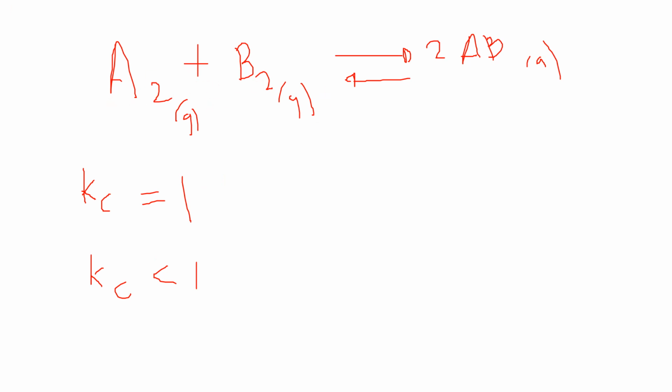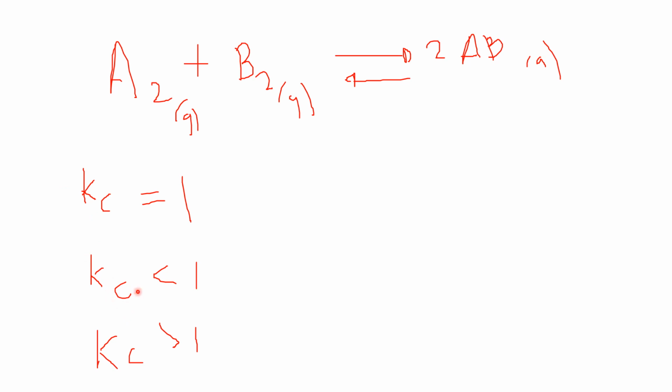And now let's say our equilibrium constant is greater than 1. That means our products have more concentration than our reactants. Okay, so that is what this equilibrium constant is telling us.